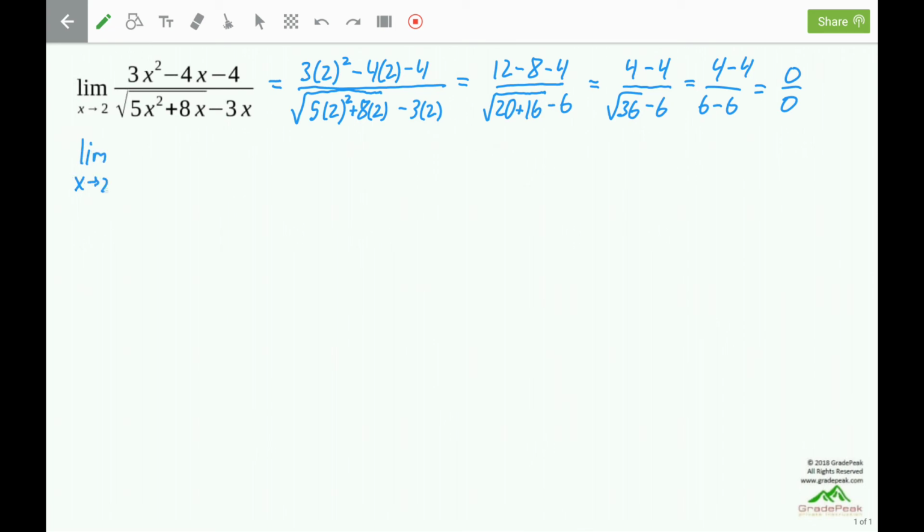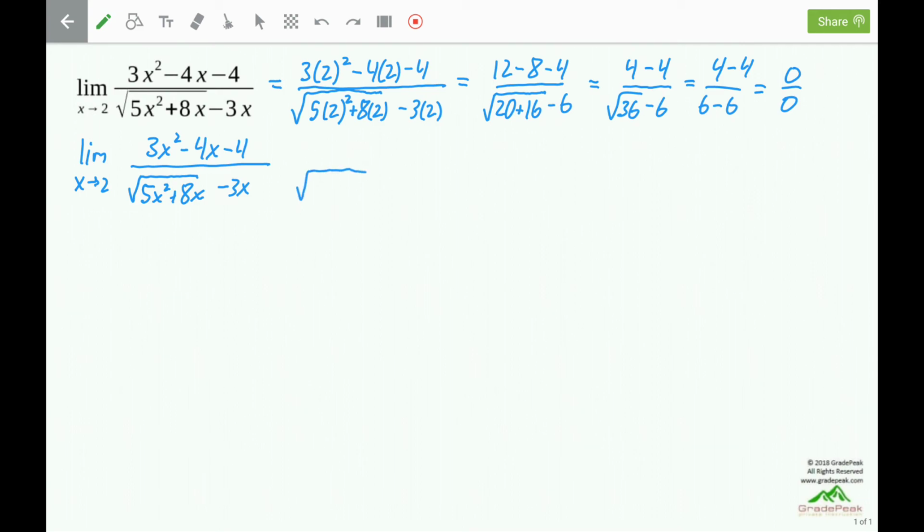We will have the limit as x goes to 2 of 3x squared minus 4x minus 4 divided by root of 5x squared plus 8x minus 3x. I'm just rewriting the entire limit. And we're now going to multiply by the root conjugate.